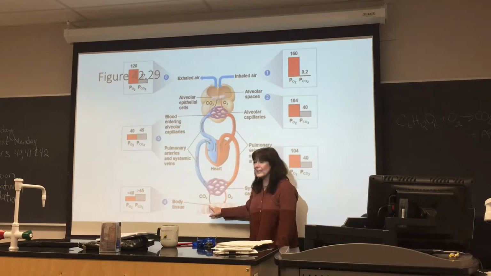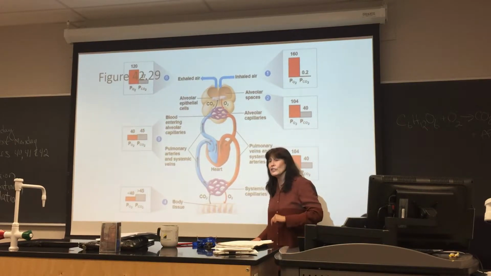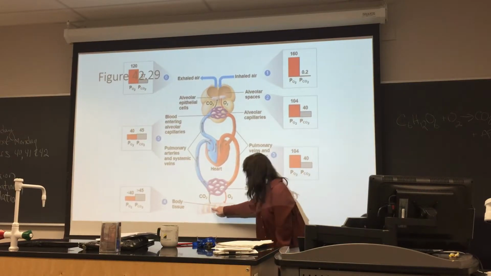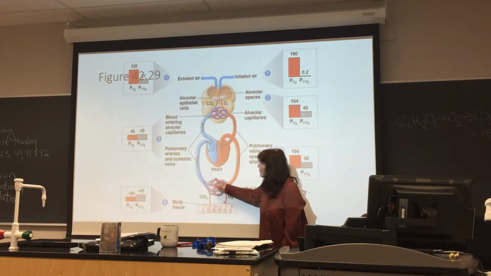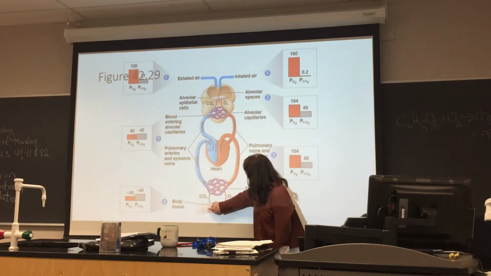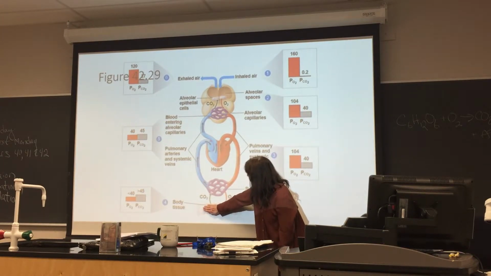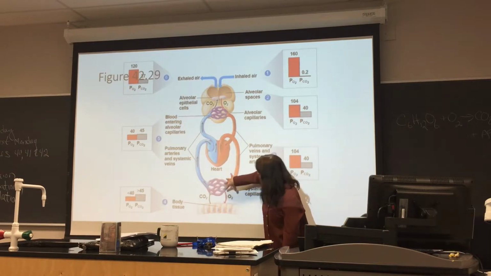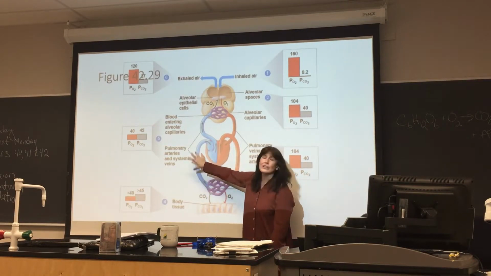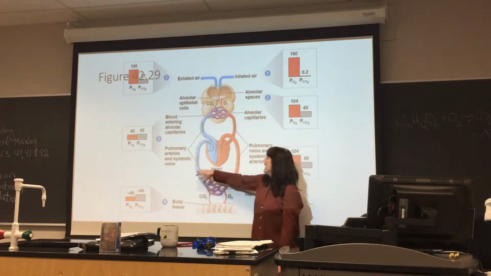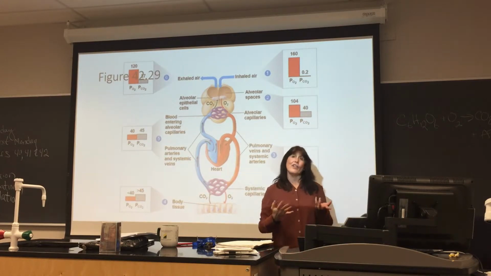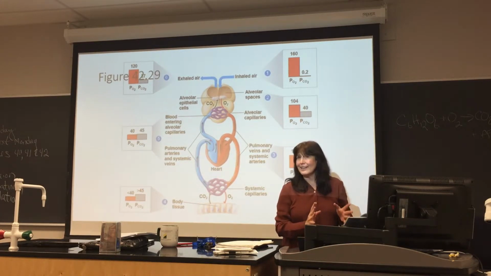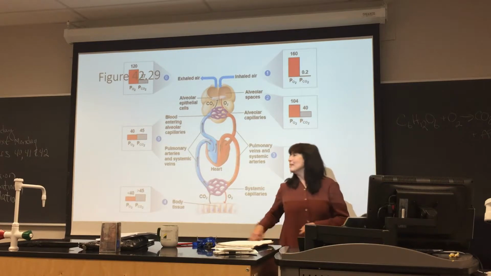And then over here, because of all that respiration going on in the cells, there's a buildup of carbon dioxide. So that's going to go from the higher level of carbon dioxide here. It's going to be fed back into the circulatory system, back to the right side of the heart, which is typically deoxygenated blood.